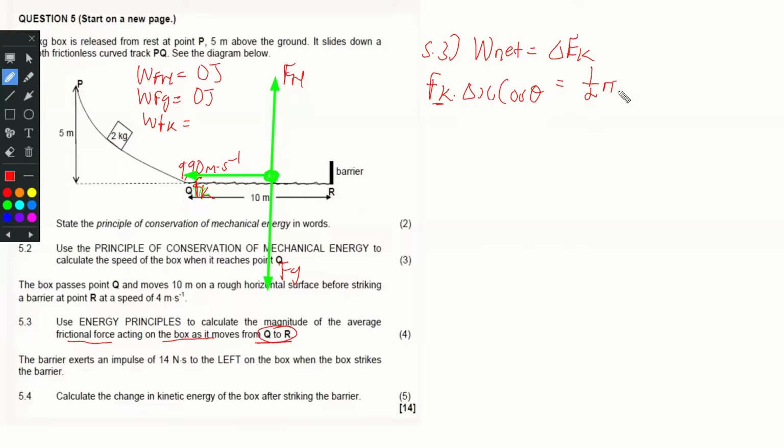So half m bracket Vf squared minus Vi squared. Now Fk, we don't know what Fk is. Delta X, that's 10 meters. And then we have cos 180 degrees. Remember, anything to do with Fk, we have cos 180. Then this is half. Our mass is 2 kg.